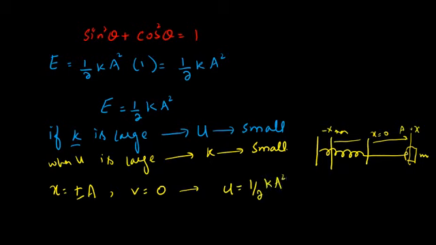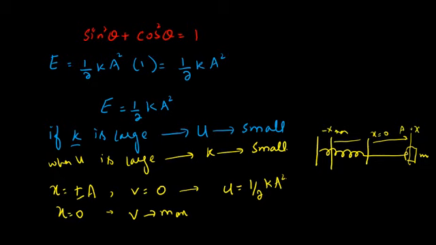Alternatively, when the body is at the mean position, x equal to 0, the velocity is the maximum.